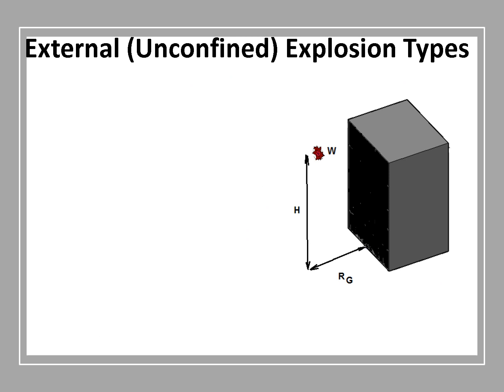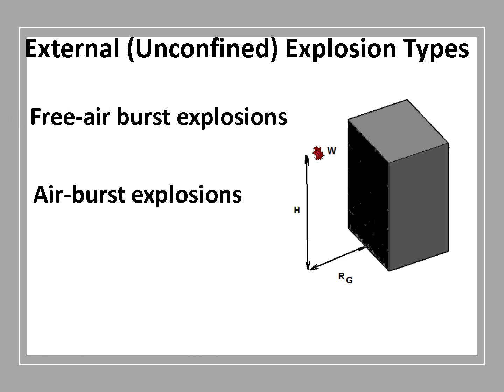External or unconfined explosions can be classified into three primary categories based on the weight W of the detonation, its height h, above ground, and the horizontal distance, r sub g, between the building and the explosive's ground projection. These three types are free air burst explosions, air burst explosions, and surface burst explosions.